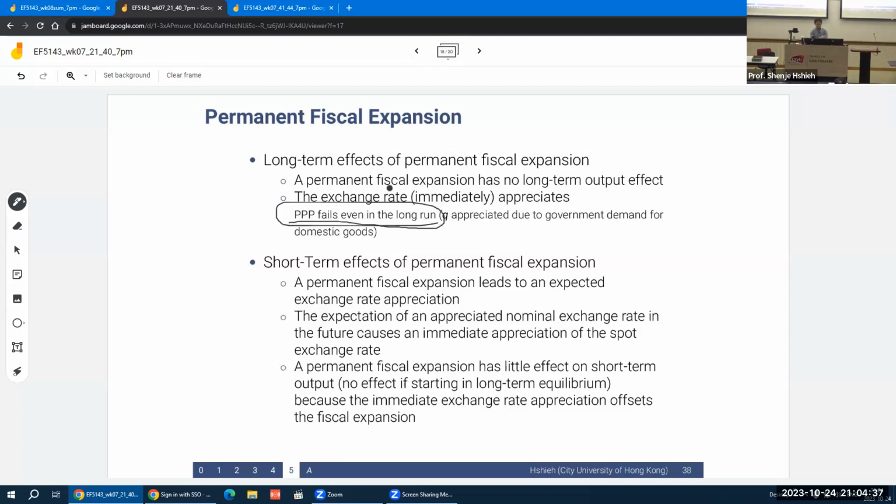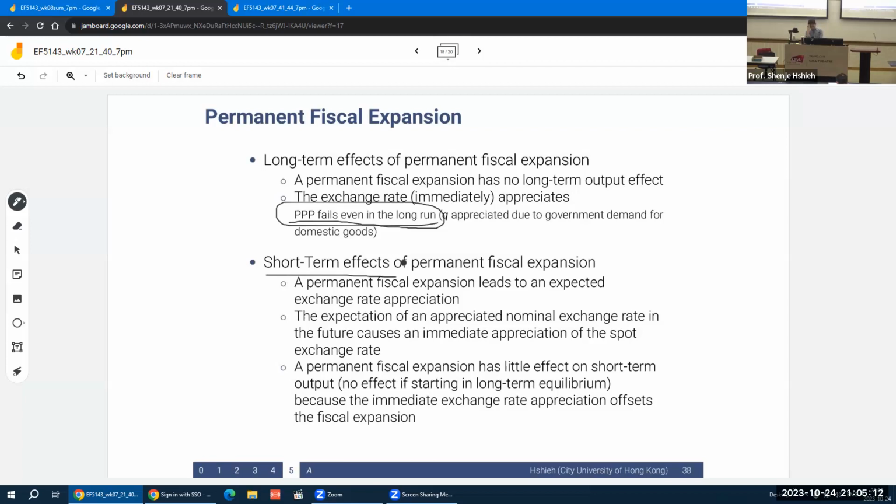Okay, because Q is appreciated compared to before, right? So there is a change in Q compared to the starting point. And it's coming from the fact that the home currency becomes stronger, right? It has to be stronger, both in the short run and the long run.